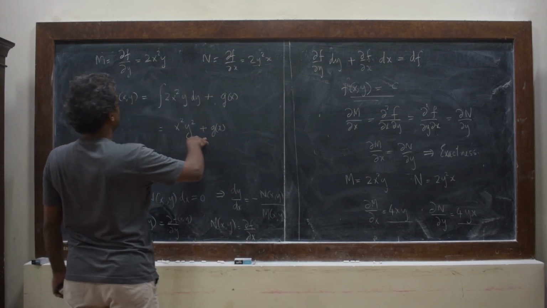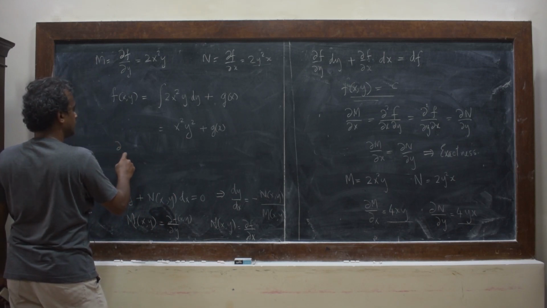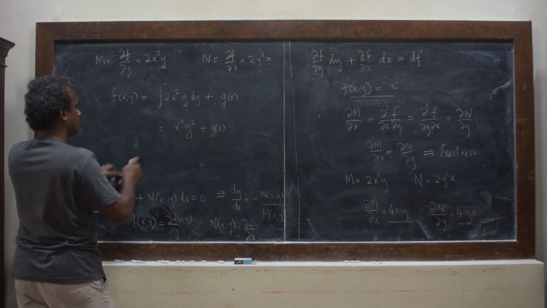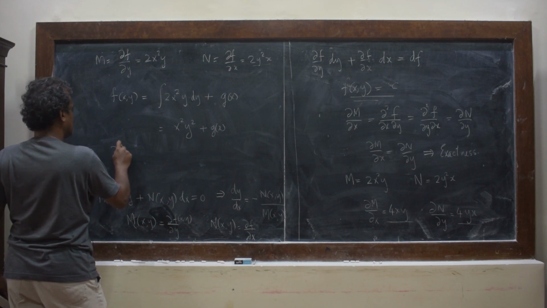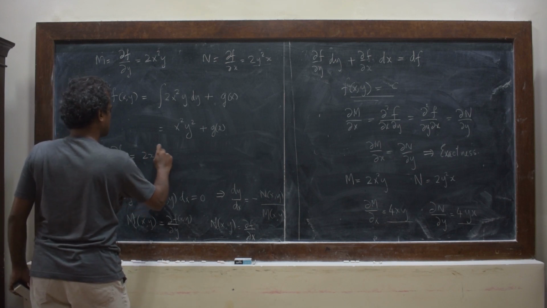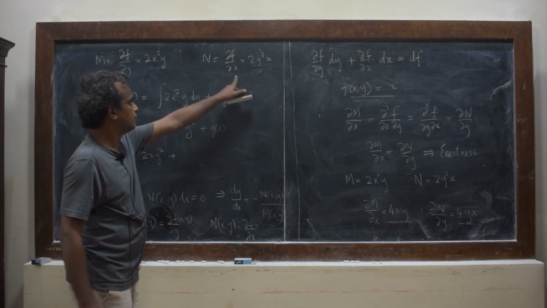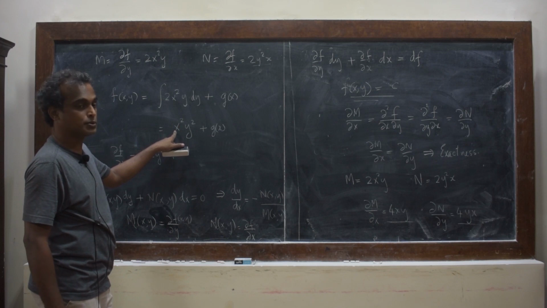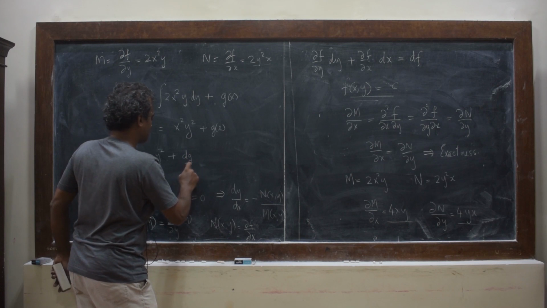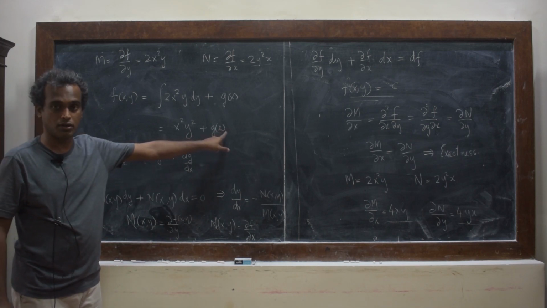If I substitute this solution into the second differential equation for n, by taking the partial derivative of this solution with respect to x, we get del f by del x to be 2x y square, wherein I have taken the derivative of this with respect to x alone by treating y constant, plus the derivative of g with respect to x, which is an ordinary derivative of g with respect to x because that is a function only of x.